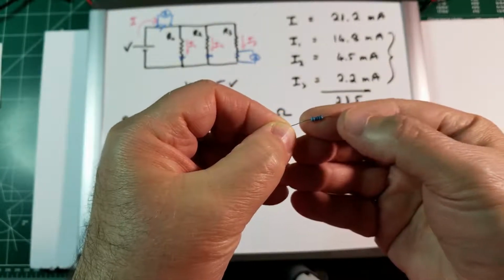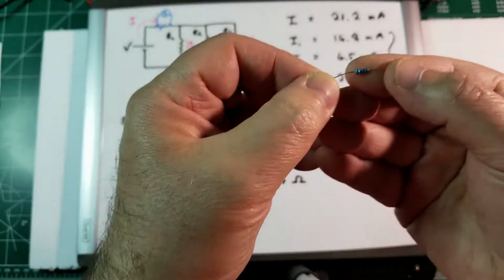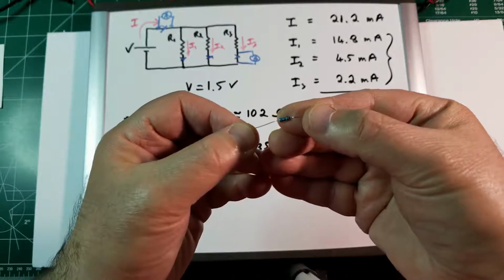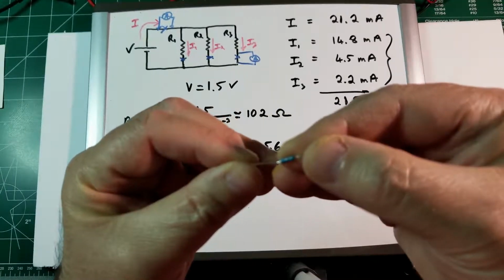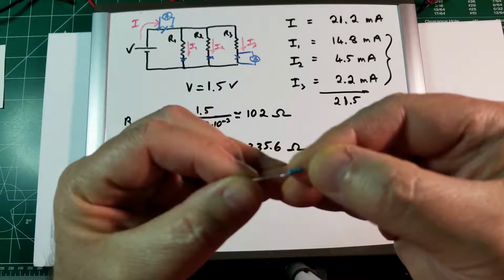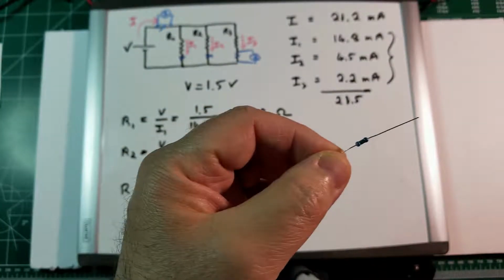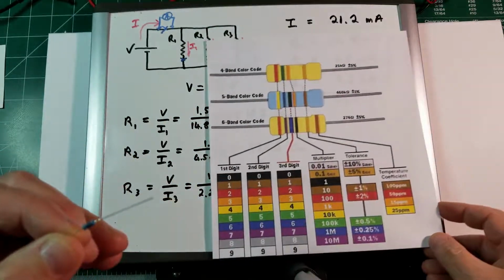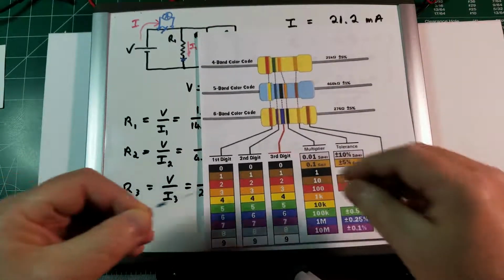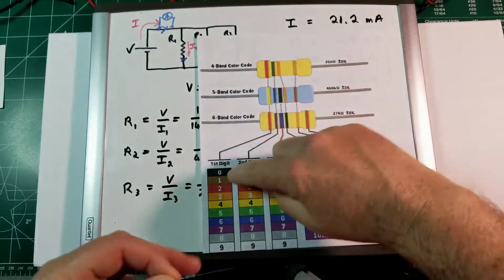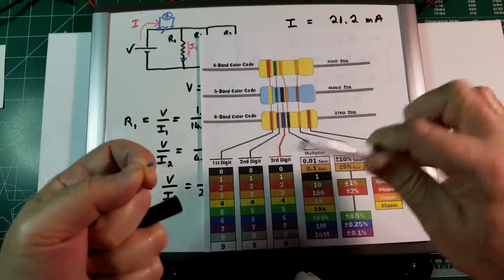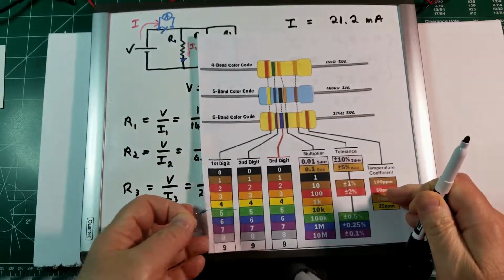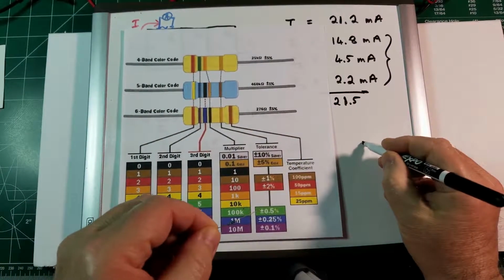This is the first one. These are red, brown, black, black, black. If we look at our diagram, brown means 1. So let me write it down over here, 1.